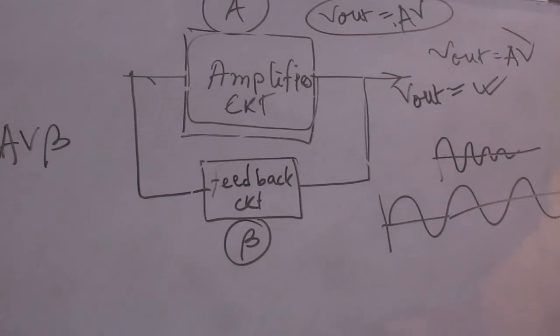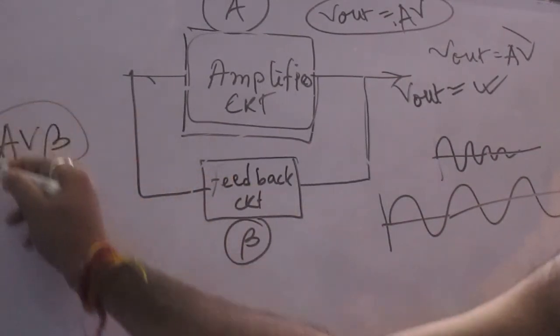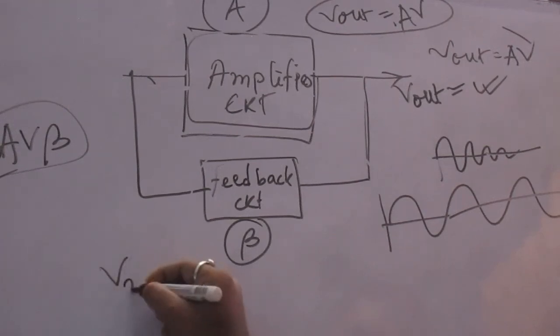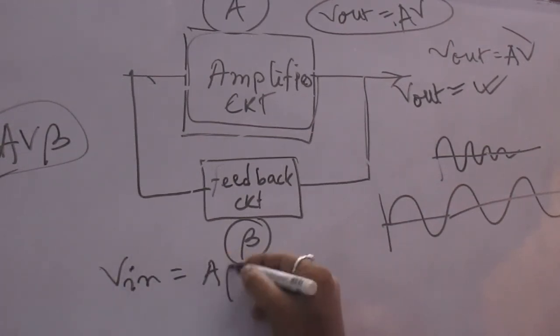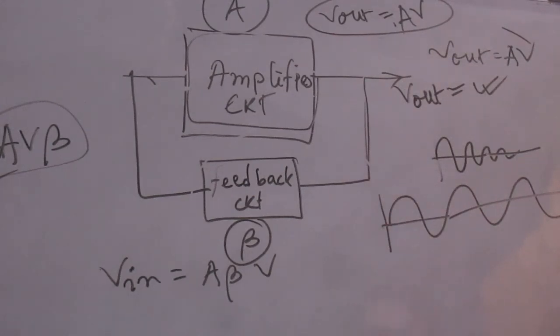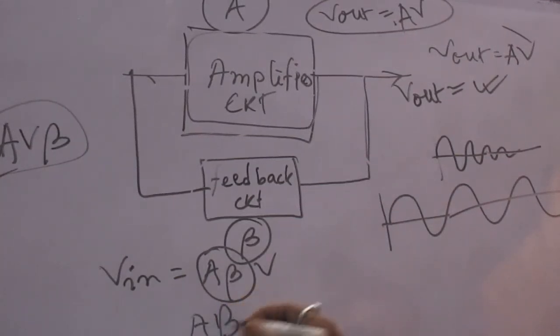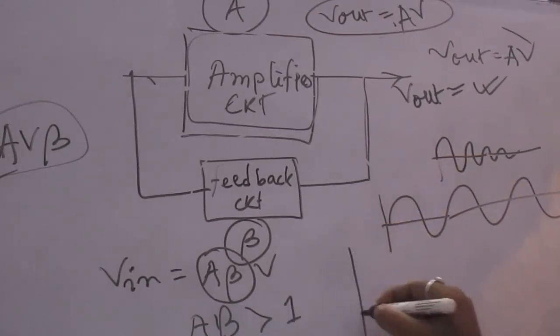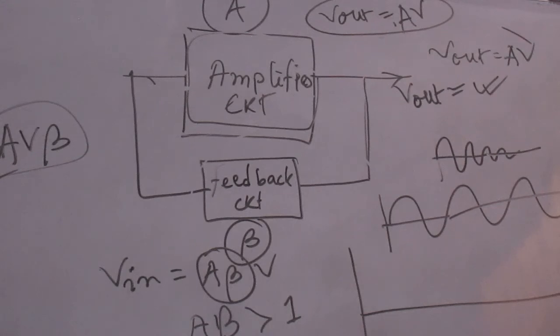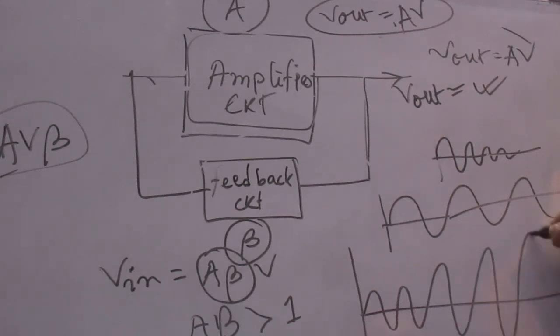Now if you carefully notice this input signal, that is V input is equal to A beta into V. This term is very crucially important. Why? If A beta is greater than 1, then if we plot the input signal, the amplitude will go on increasing, which is not sustained oscillation. So this is not desired.